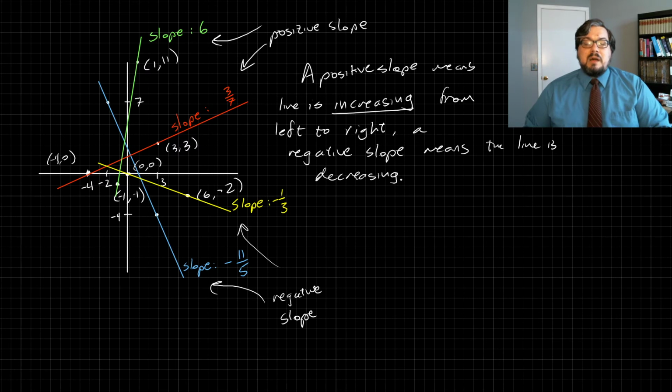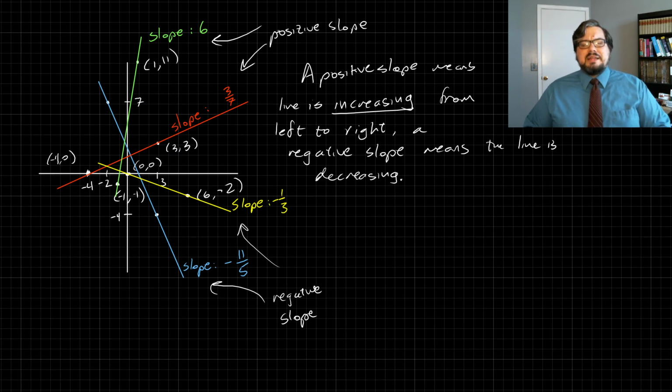This also corresponds to a steeper line because, again, thinking of the slope as how much y changes for a given change in x, a slope of 6 means that for every 1 unit the x changes, the y is going to change by 6 on this green line. Whereas for every 1 unit x changes on the red line, the y value only changes by 3/7. So it's going to be much, much shallower.